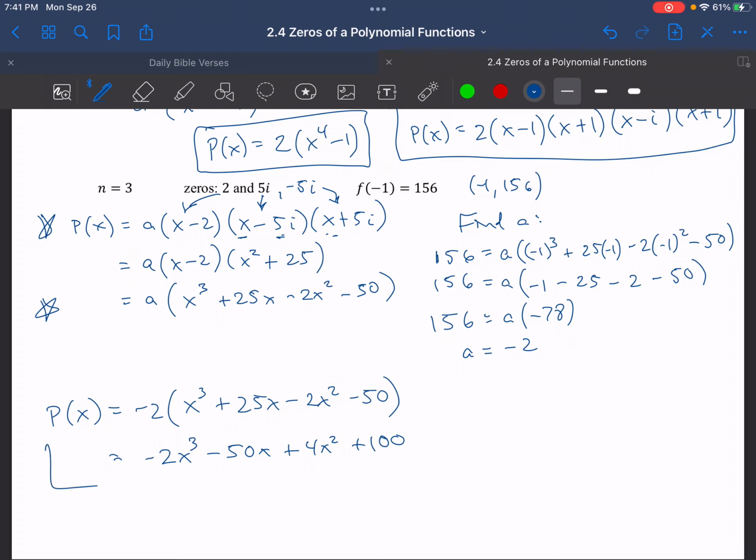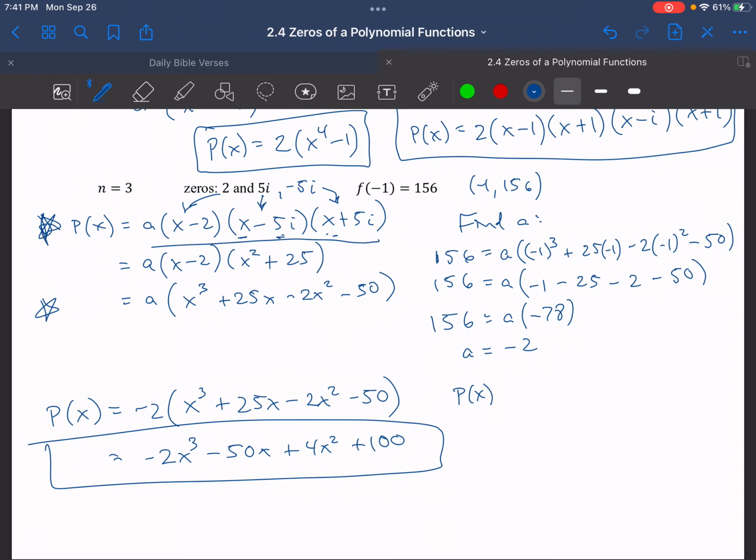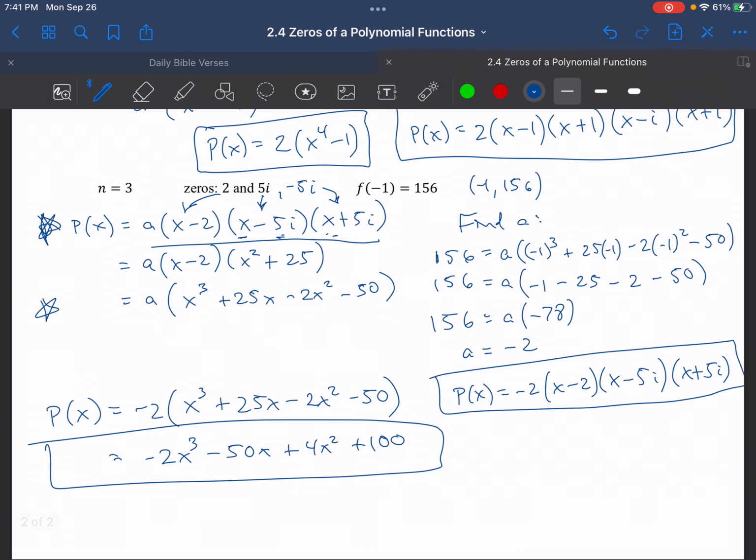You can do that and say, all right, there's the fully expanded one, and then we can have the factored version, which we get from up here, and that's going to be -2 times x minus 2 times x minus 5i times x plus 5i, okay? And that's our fully factored form.